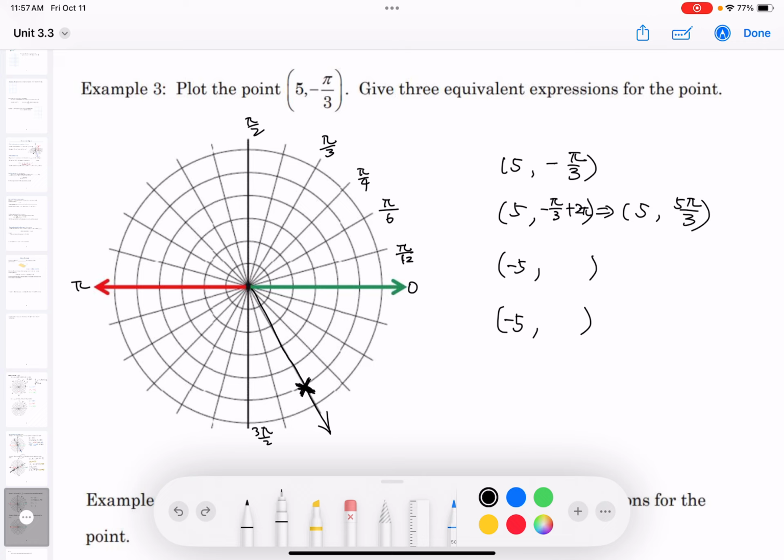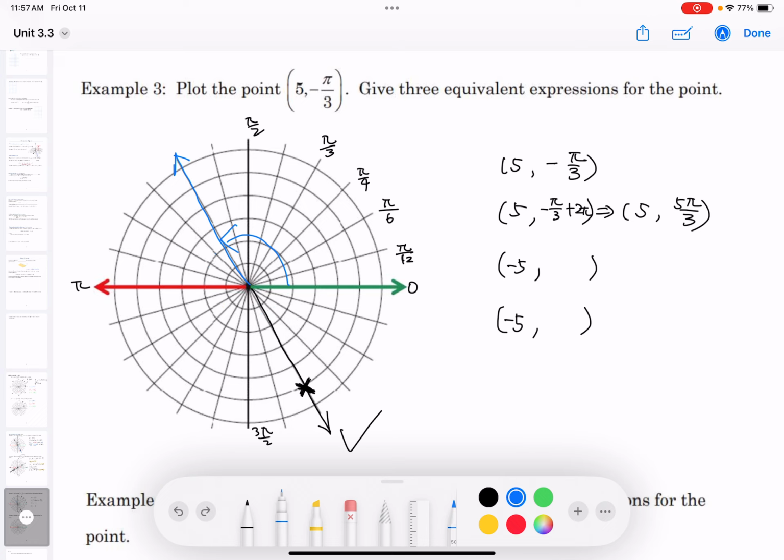Okay, next one. We need to find the terminal side. It's opposite with my angle here, my point. So opposite is here. So use a different color. And then we need to find the angle from here to here or from here to here.